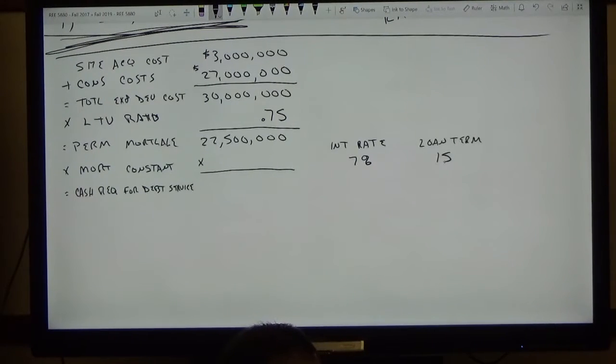Okay, so we need those two pieces of information in order to calculate our mortgage constant. If you remember back to our mortgage constant calculation, we're going to set this up as 12 payments per year. Clear everything out.